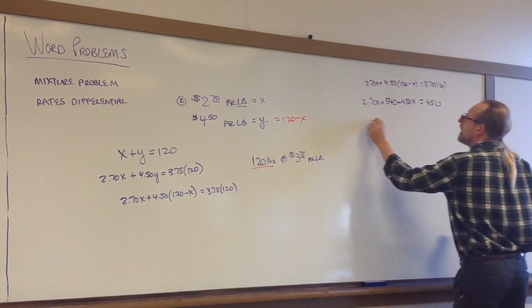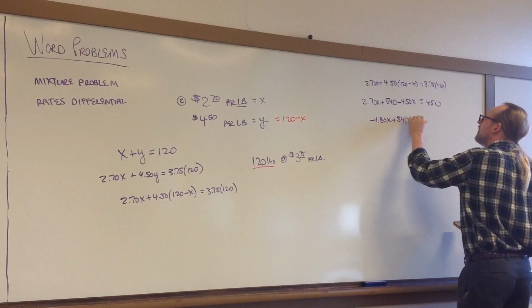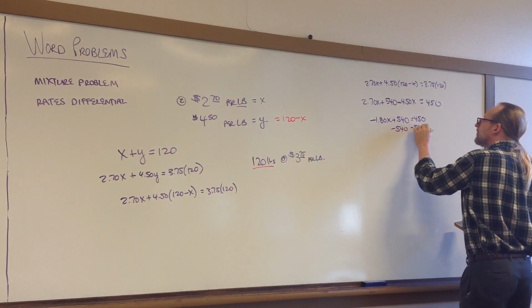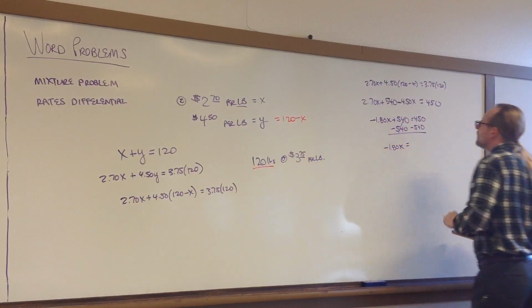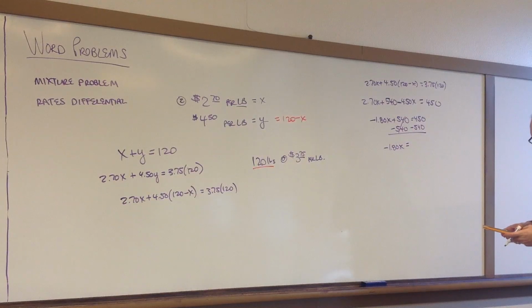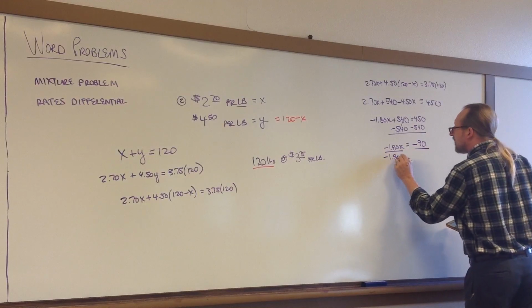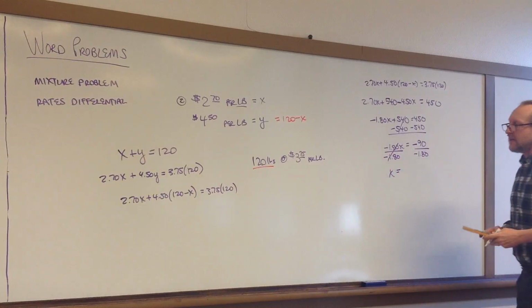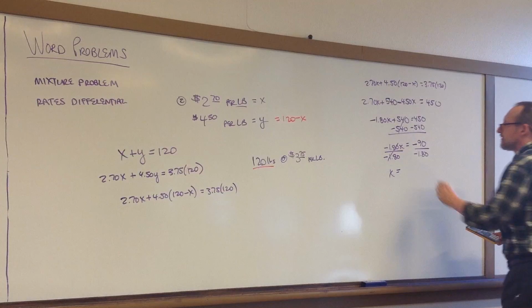Yeah. Negative 1.80x plus 540 equals 450. Move the 540 to the other side. 450 minus 540 should be negative 90. And then we divide on both sides by negative 1.80. So 90 divided by 1.8 is 50 pounds.